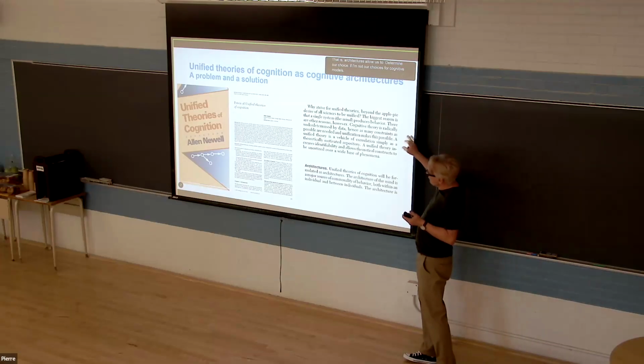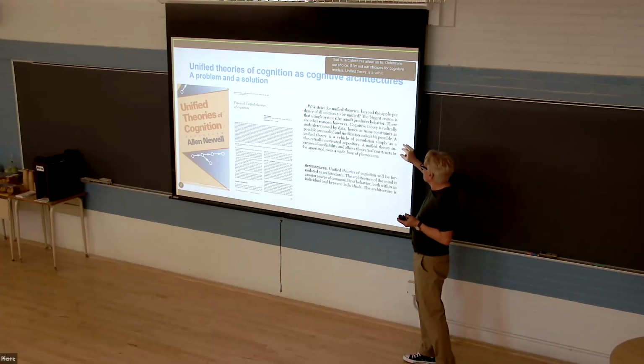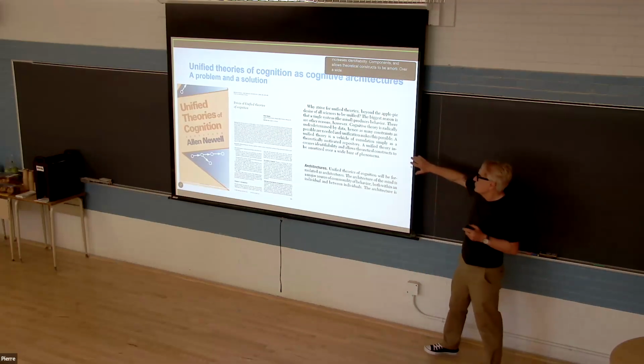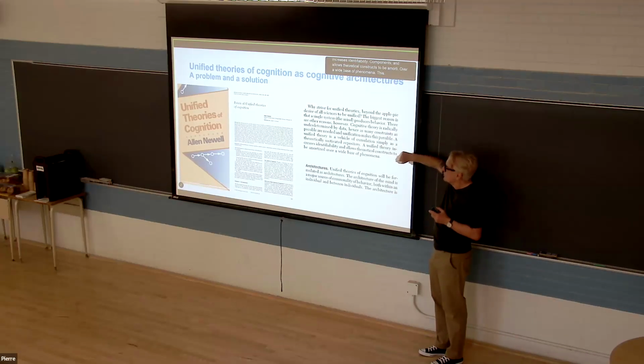A unified theory is a vehicle of accumulation, simply as a theoretically motivated repository. A unified theory increases identifiability of components and allows theoretical constructs to be amortized over a wide base of phenomena. This was his plea for unified theories of cognition.